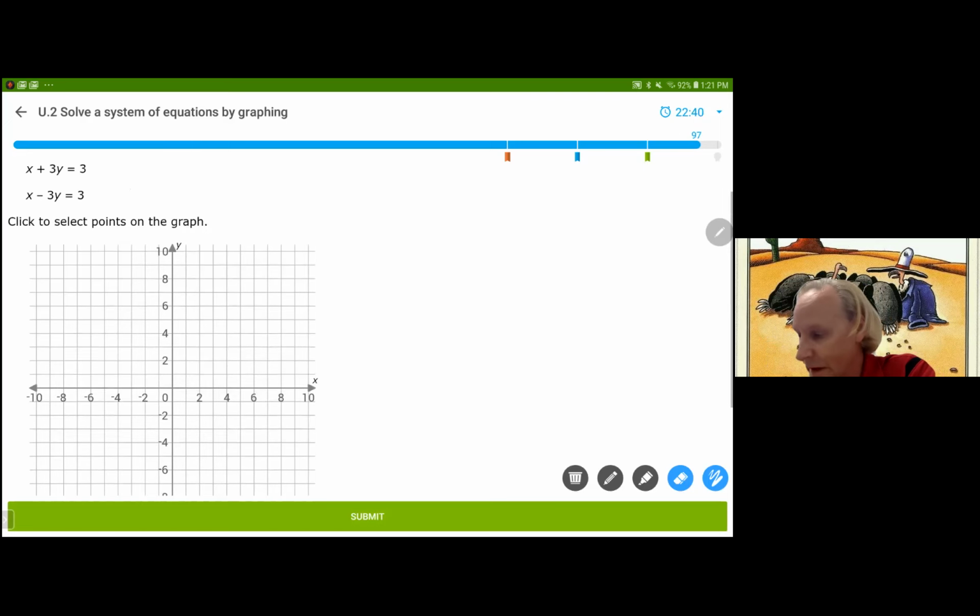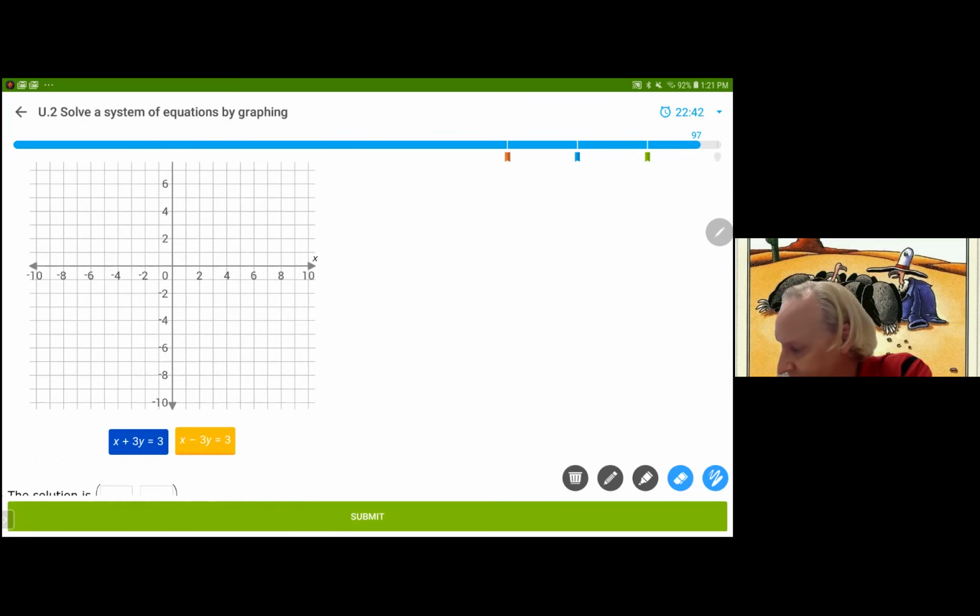Okay. So we've got both of them in standard form. So I'm going to use intercepts in both cases. So when I do the blue one, notice that when y is 0, x is 3. It's right there. When x is 0, y is 1. Now, when y is 0, x is 3. And when x is 0, y is -1.